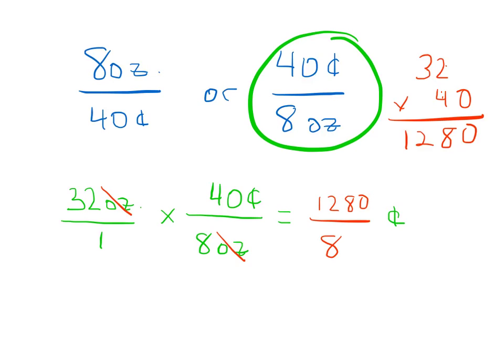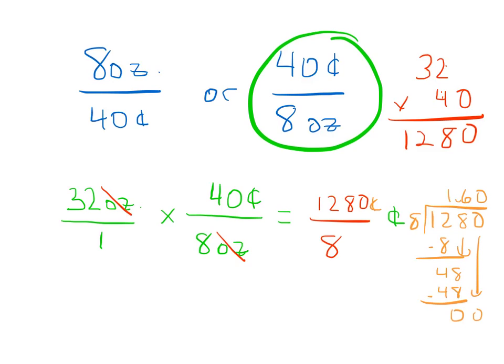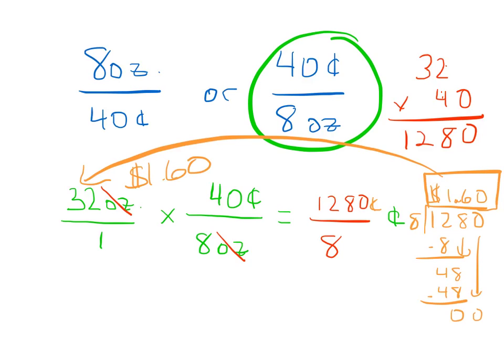So 1280 divided by 8 will go in there one time, and this is cents again. 8, that'll be 0, that'll be 4, bring that down, 48, that'll be 6, times 8 is 48, that'll be 0, carry that down, so this will be a 0. So 160 cents, which I can rewrite as $1.60. So 32 ounces costs $1.60. Then C says how many ounces can be purchased for $1.20?